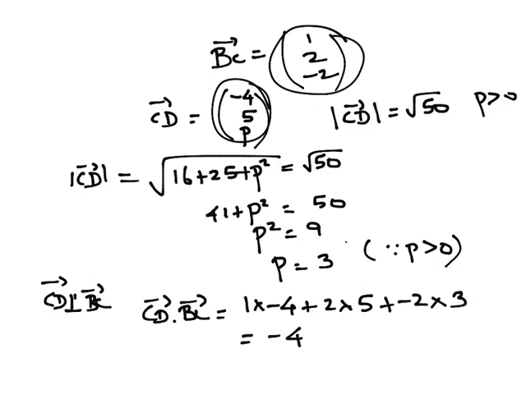So minus 4 plus 10 minus 6, which is nothing but 0. Since the dot product is 0 and both of them are non-zero vectors, definitely CD vector is perpendicular to BC vector. So this is how we solve this problem.